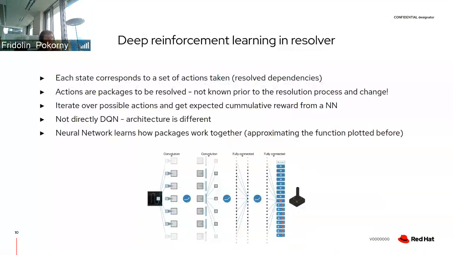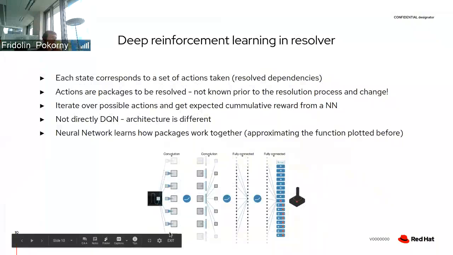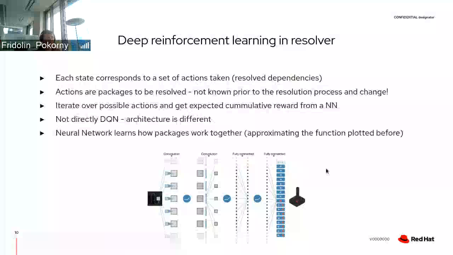Now, just on the architecture, this architecture was kind of similar to deep Q networks, but in deep Q networks we have classification. So we have some input nodes that go to classification, and that classification basically corresponds to the action that should be taken in order to obtain better cumulative rewards.